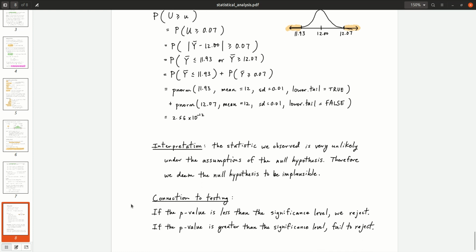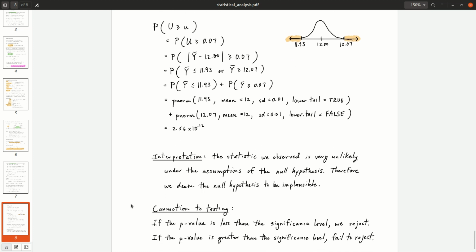Now, there is a connection between p-values and testing, and you've probably seen this before: if the p-value is less than the significance level, so we got a p-value equal to this tiny number, which is less than 0.05, then we reject the null hypothesis. And if the p-value is greater than the significance level, then we fail to reject.